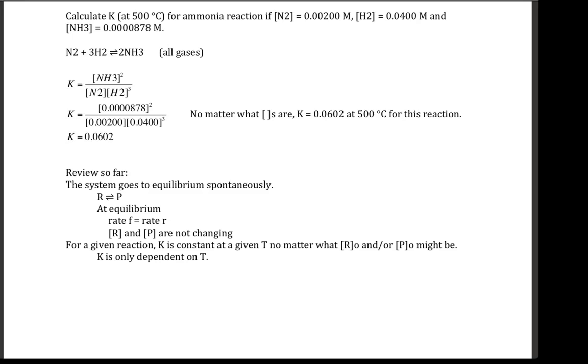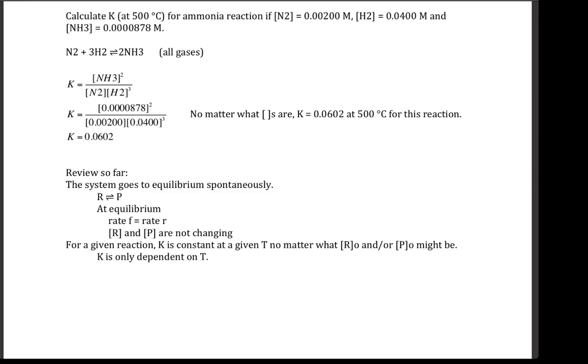Okay, so far what we have gone over is systems go to equilibrium spontaneously. Might take some time, it depends on the kinetics, but they will get to their equilibrium concentrations. And at equilibrium, we have the rate of the forward reaction equal to the rate of the reverse reaction.